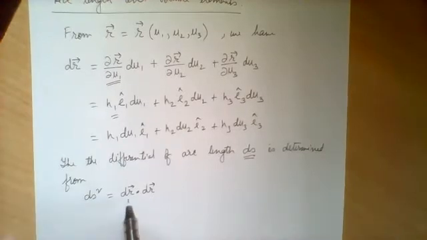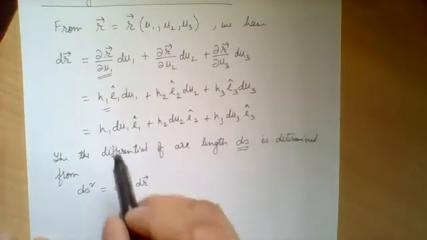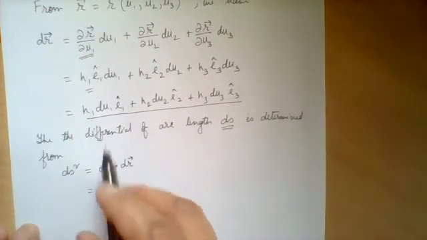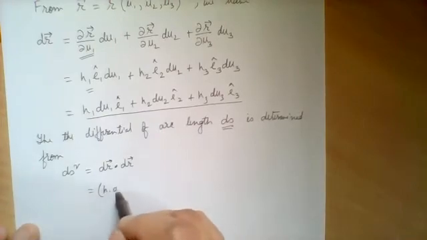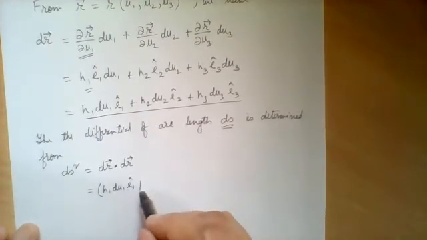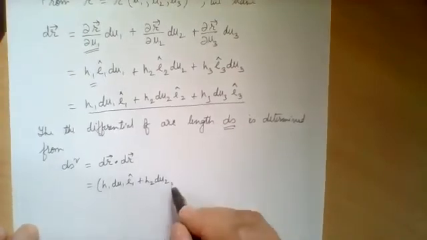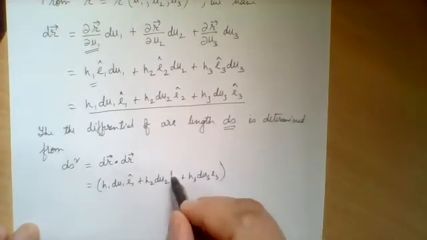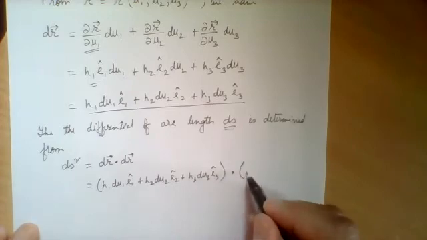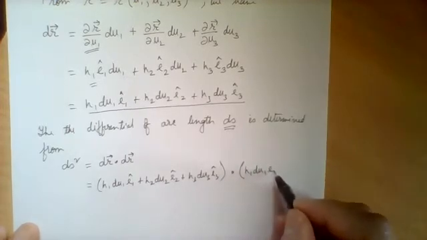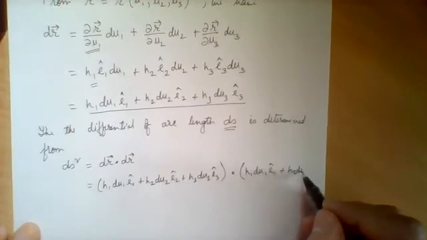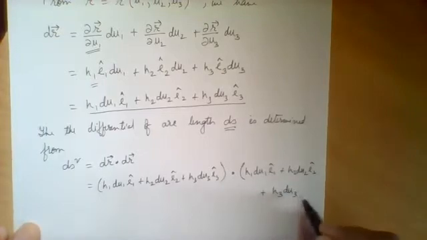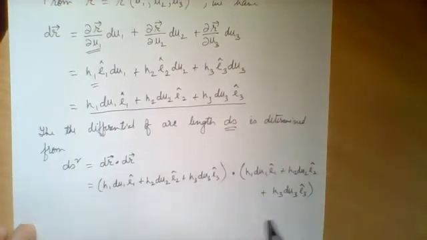So let us write dr vector dot dr vector. And what is dr vector? Dr vector is h1 du1 e1 plus h2 du2 e2 plus h3 du3 e3, dotted with itself.